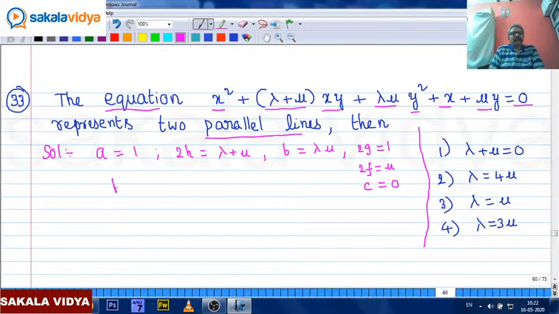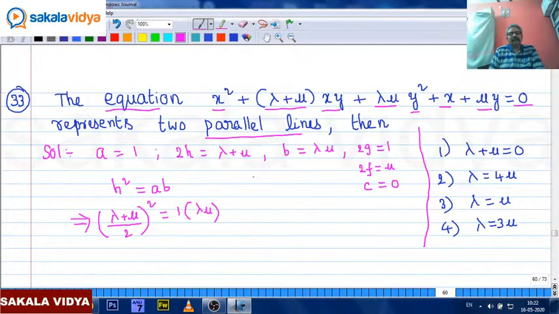So parallel means h square equals ab. So h square equals ab means lambda plus mu by 2 whole square, because h is lambda plus mu by 2, equals ab, a is 1, b is lambda mu. So lambda plus mu whole square is equal to 4 lambda mu.